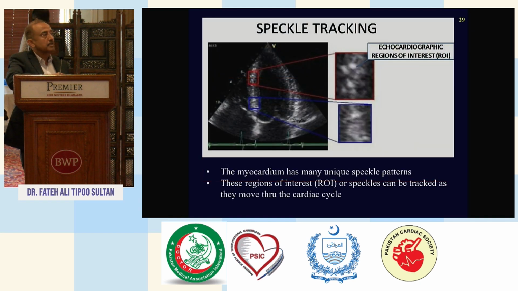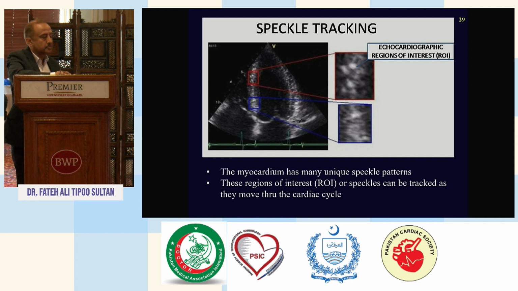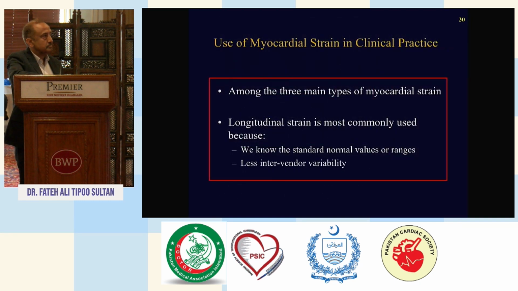So this image would be helpful in understanding that there are multiple speckles, and speckle tracking software actually tracks these speckles frame by frame, and by tracking these speckles, it can calculate the displacement as well as the deformation and ultimately the strain as well as the strain rate.